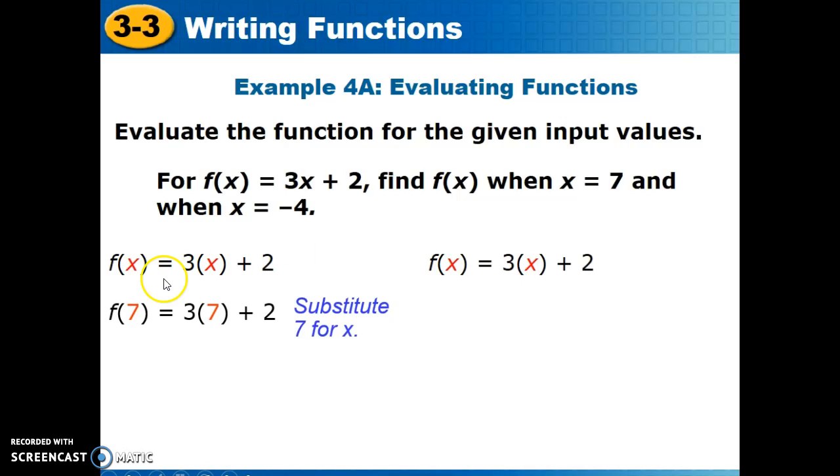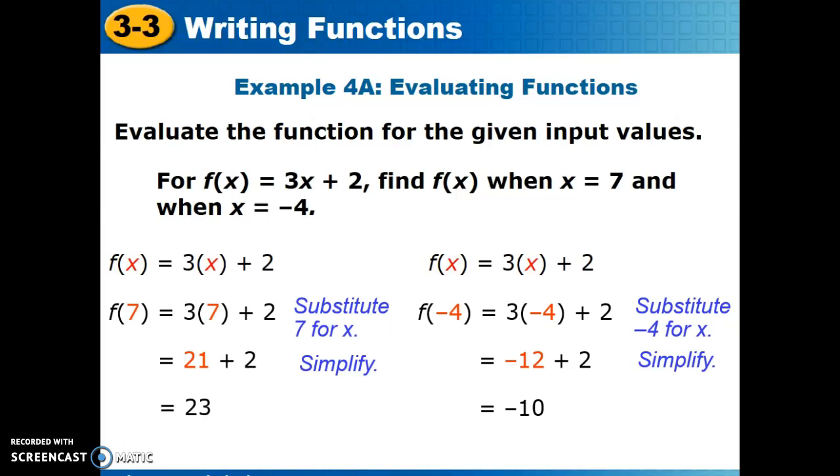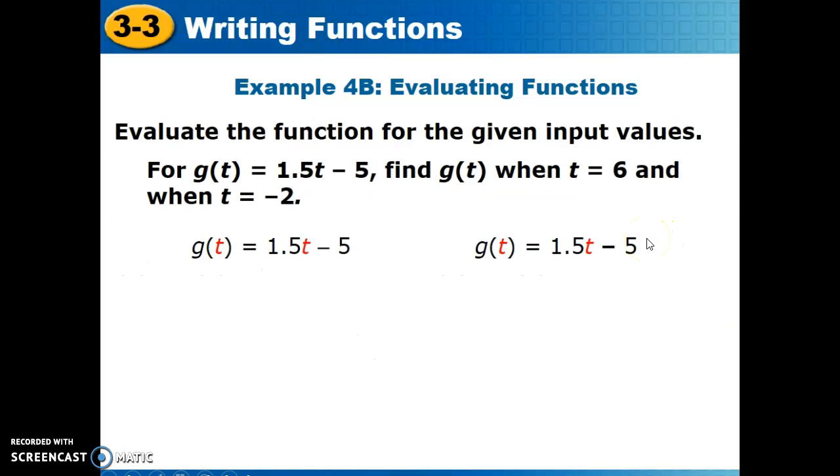Substitute 7 for x. Notice that we do it in both places, and we simplify. 3 times 7 plus 2, 23. We're going to do the same thing for negative 4. Substitute the value in both places and simplify. 3 times negative 4 plus 2, negative 12 plus 2 is negative 10.